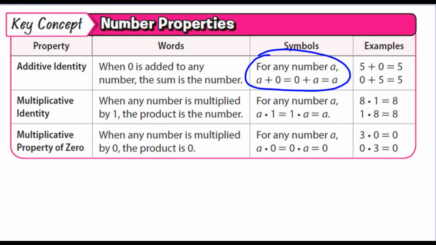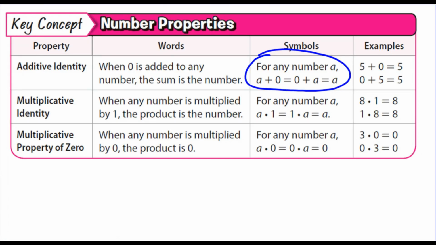Okay, so the multiplicative identity property, which is one of my favorite properties to say, multiplicative identity property: when any number is multiplied by 1, the product is that number. So multiplying anything times 1 does not change its identity. So we have an additive identity property and a multiplicative identity property. And in both of these cases, the number never changes. So I can either add 0 or multiply by 1.